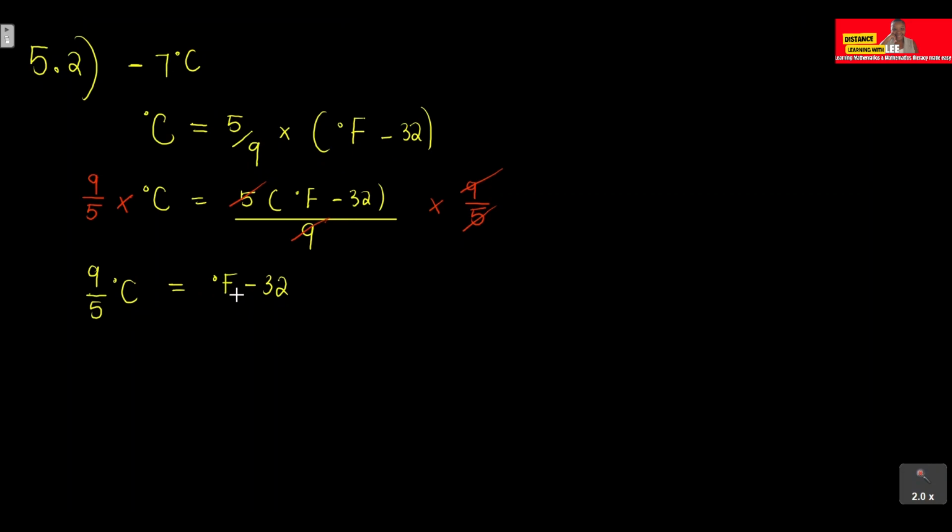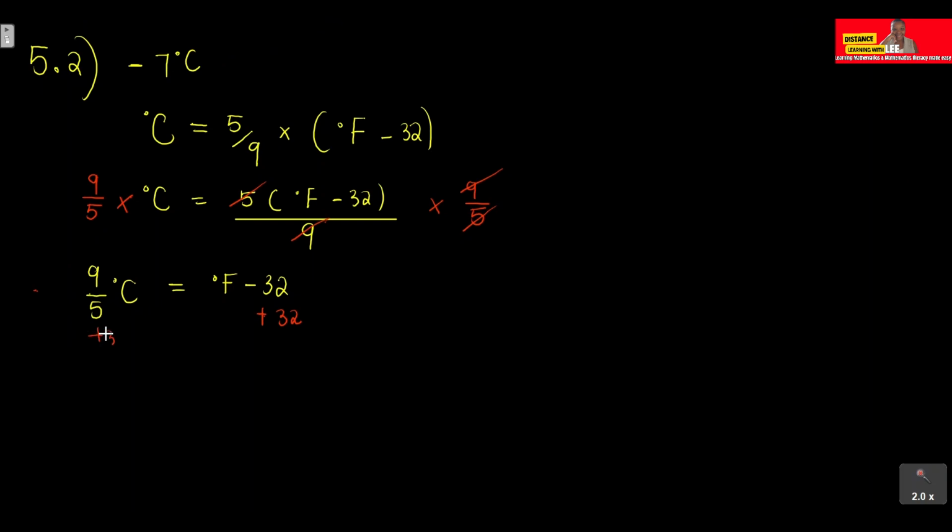We still just want to isolate this F. So to isolate the F, what do we need to do? You basically need to do the inverse of subtraction. So you're going to plus 32. If you plus 32, you also need to plus 32 on the left hand side.